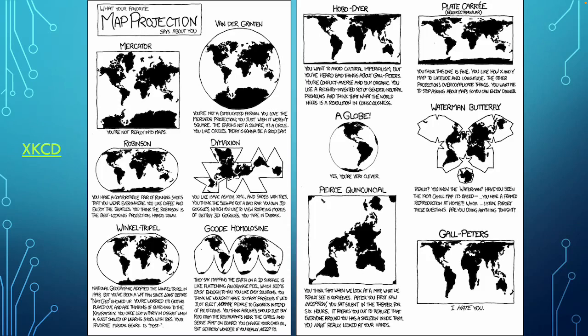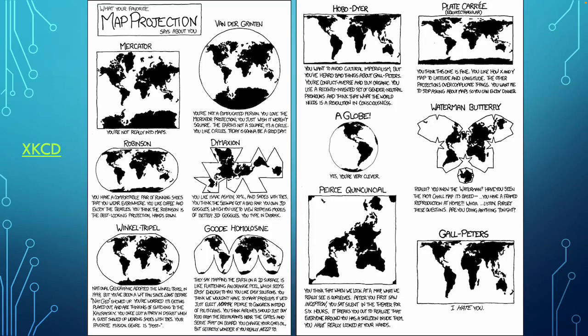There are more complicated ones that cut up the earth in different ways to help preserve shape a little bit better, and different orientations. You can center the map over a pole versus over the equator. There are all different kinds of these.